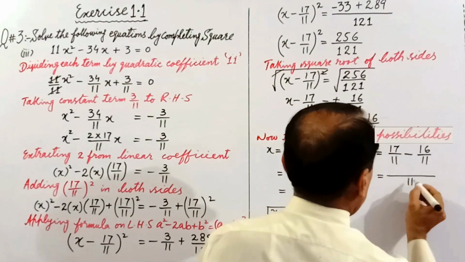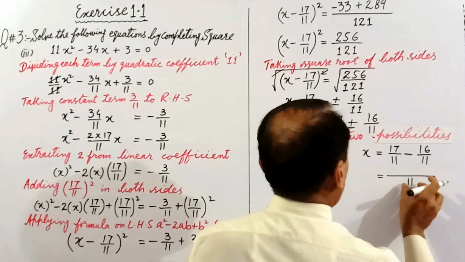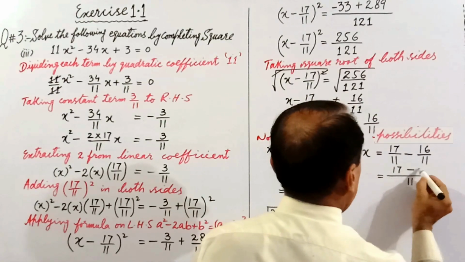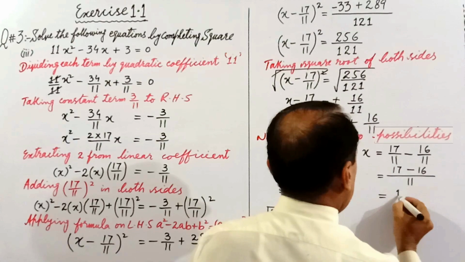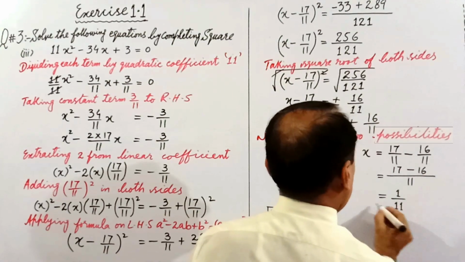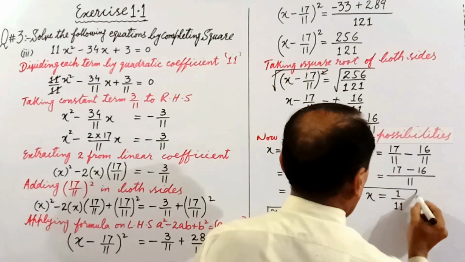Again, the denominators are same. We have 11 as LCM, and we write the numerator as they are. 17 minus 16 is equal to 1, and in denominator we have 11. So hence the second value of the solution is 1 over 11.